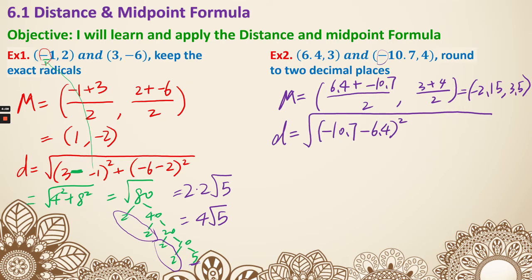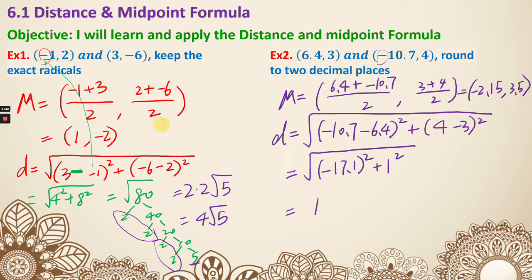See, I'm carrying all the signs. I'm going to deal with the signs in the next step. Plus 4 minus 3, then squared. That is going to be -17.1 squared plus 1 squared. After you put it in the calculator, that gives you 17.13. The question is asking for 2 decimal places, and that's what we get.